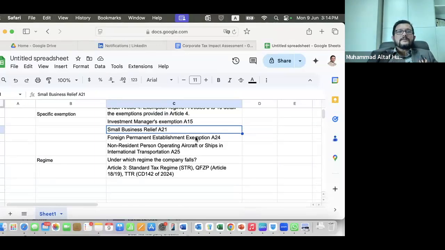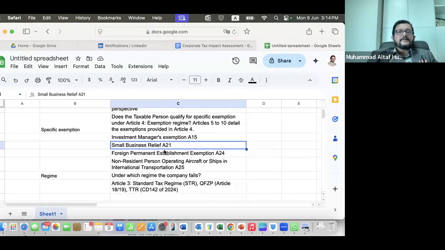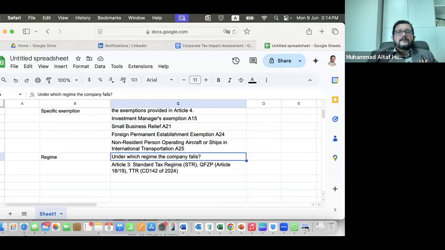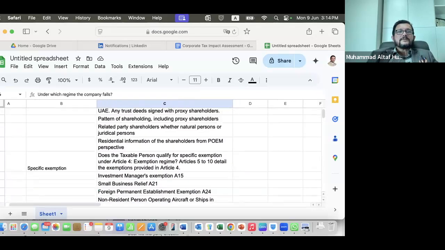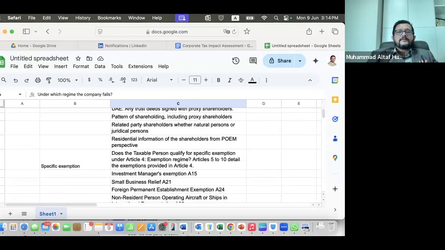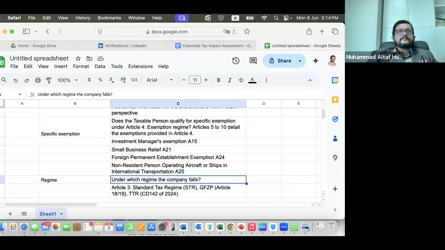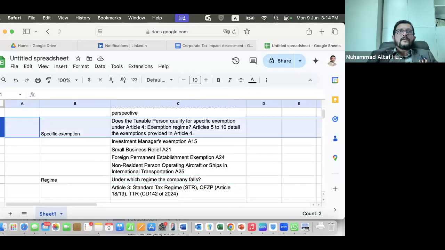So that was a specific exemption, right? By this time, we should also have asked the question: check the legal status. Under the legal status, we will know if it is an LLC, sole establishment, or unincorporated partnership. But how do we identify which is an unincorporated partnership? That's another question to ask, right?